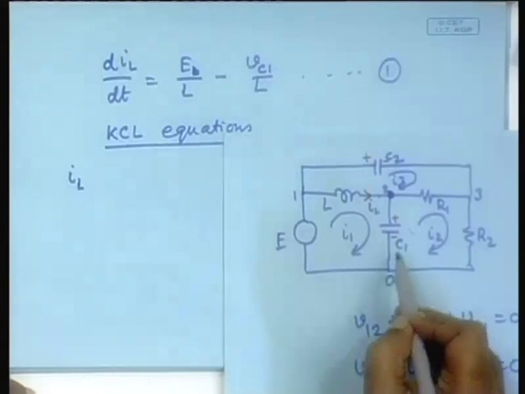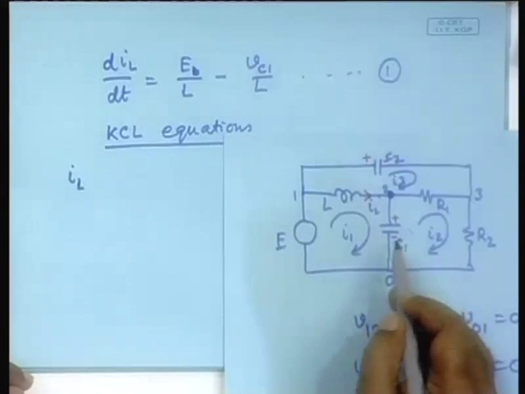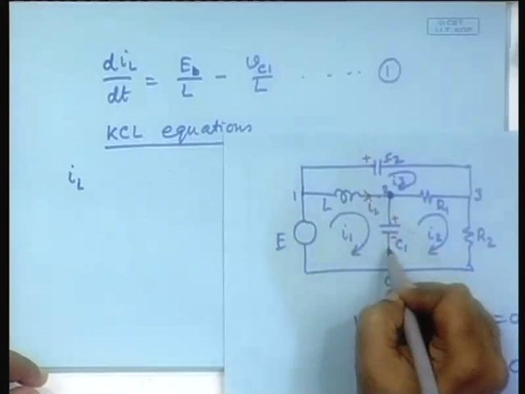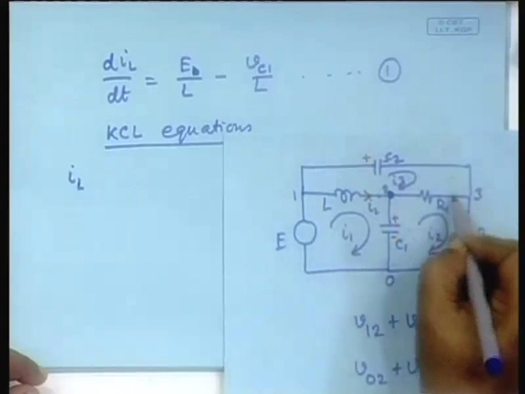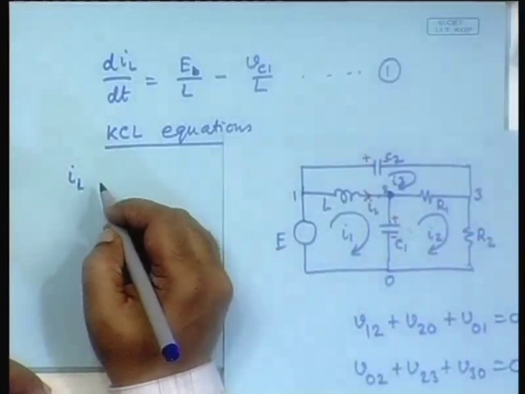I want to write in terms of the dVdt's. So, it is going into, this is going into, and this is going into. So, you have to write it that way.